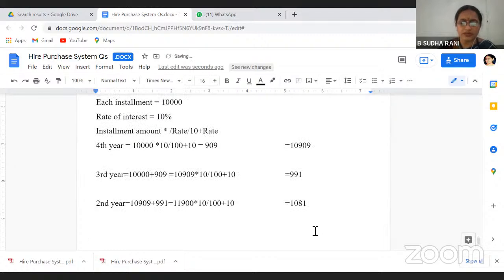Now, first year. To the 11,900 add 1,081. How much do you get? 12,981.